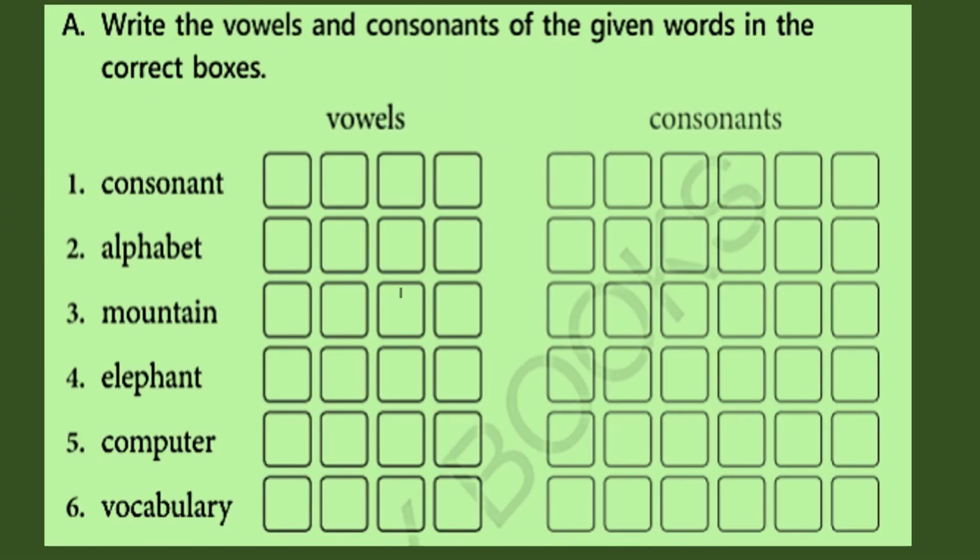Start doing the exercise. A. Write the vowels and consonants of the given words in the correct boxes. First one is consonant. The vowels are O, O, A, and the consonants are C, N, S, N, N, T. Second, alphabet.